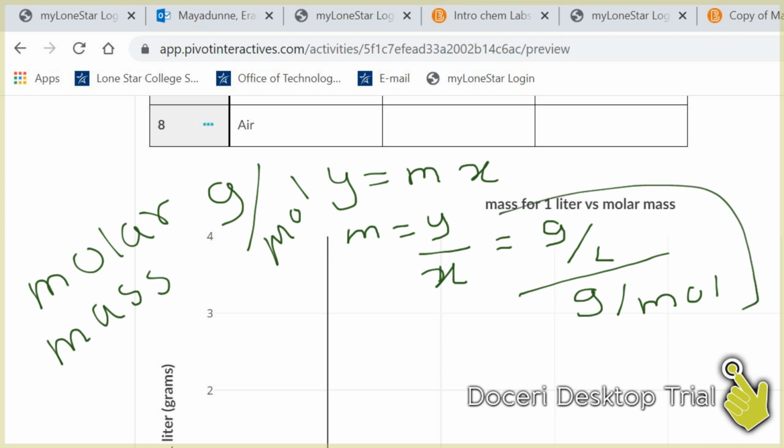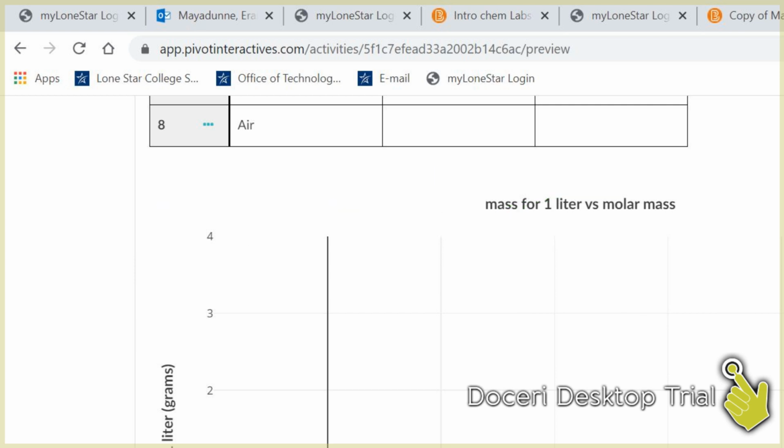So these are the units of your m, and then they ask you to simplify it. How can I simplify that? Grams per liter divided by grams per mole. When there is a division sign, you can proceed. This is math now.